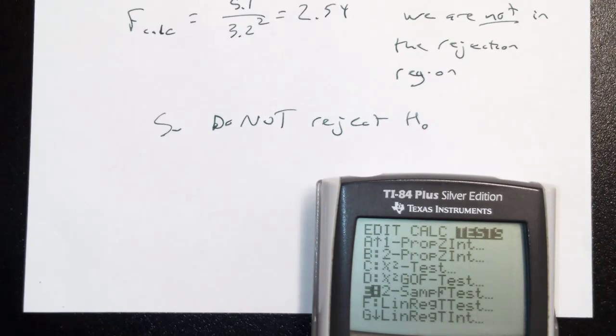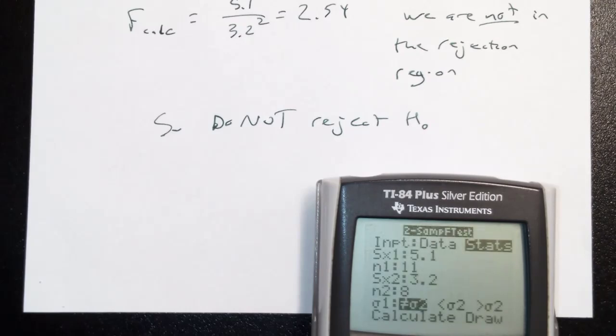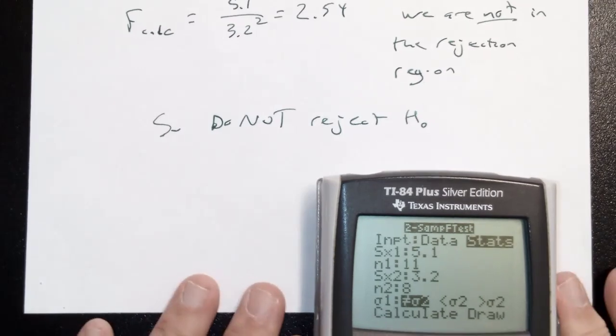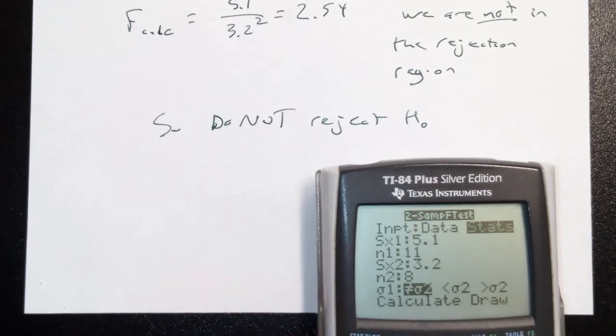And I'm going to put in statistics. There's my standard deviation 1 and 2 and the population sizes. And I can tell it, do I want to do a two-tailed, a left, or a right? What's your null hypothesis? Right there. Sorry, that's the alternate hypothesis, if you look carefully. Am I doing two-tailed, a left tail, or a right tail?